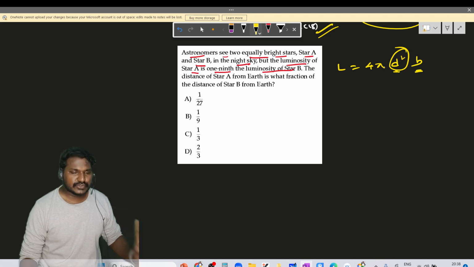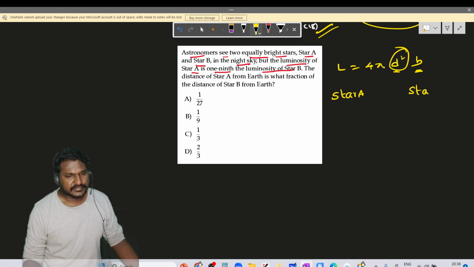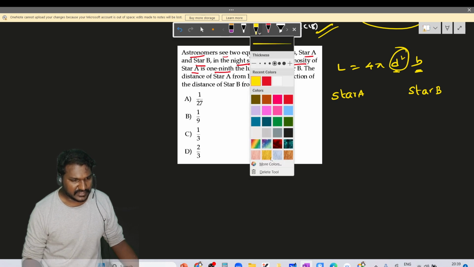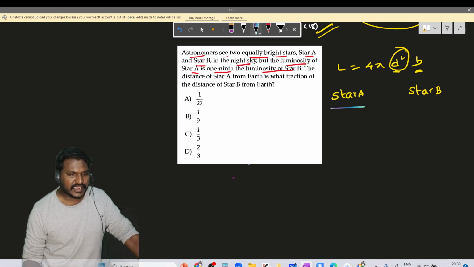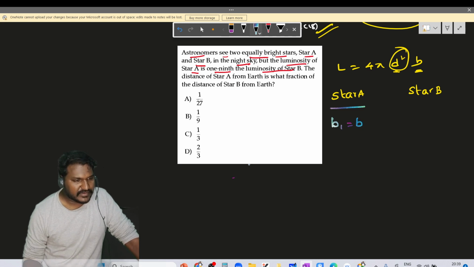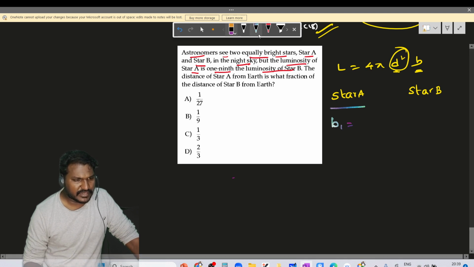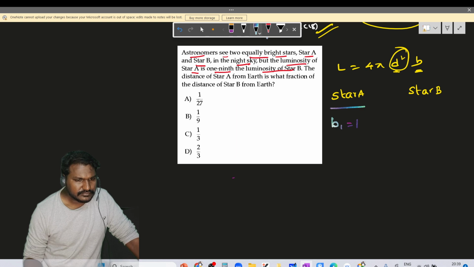So let me take two stars here, star A and star B. Since these questions are related to stars, let me take star coloring. For star A, b1 is 1, we'll take it as 1 because it's better to have numericals, and we don't know d1.